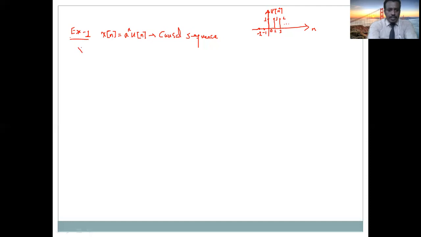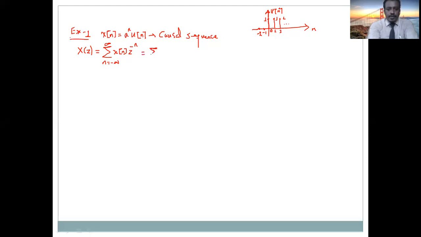So X of z, as we know from the definition of Z transform, X of z is equal to the summation, n starts from -infinity up to infinity, of our given sequence in time domain multiplied by z to the power of -n. This is our definition of Z transform, right?